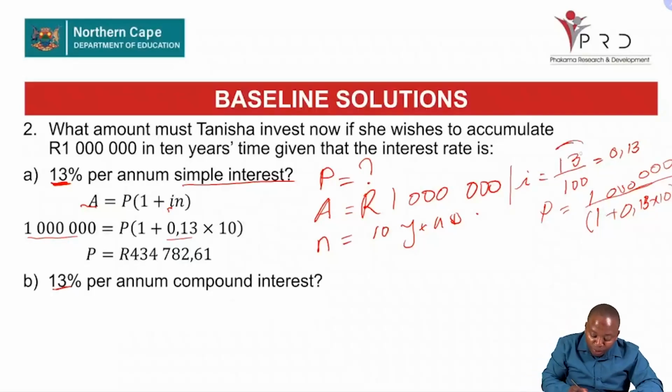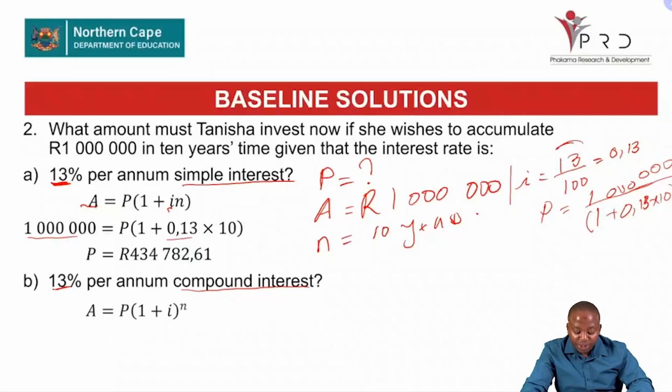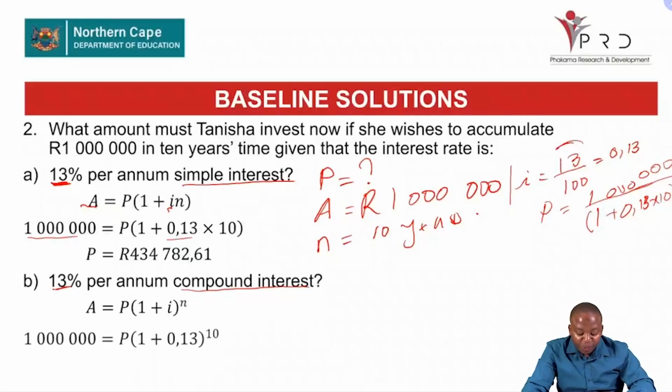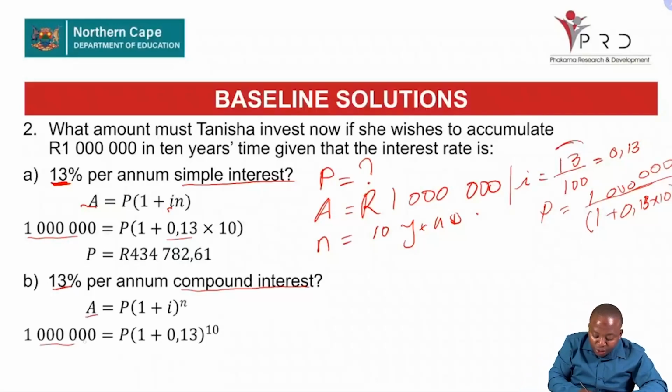Now, because on number B we are looking to find an option on compound interest, we start by quoting the compound interest formula and we substitute the given values. Our A in this case is still 1 million. We still wish to get 1 million.